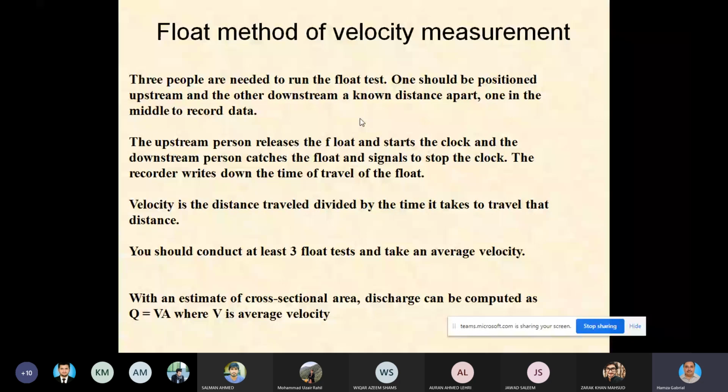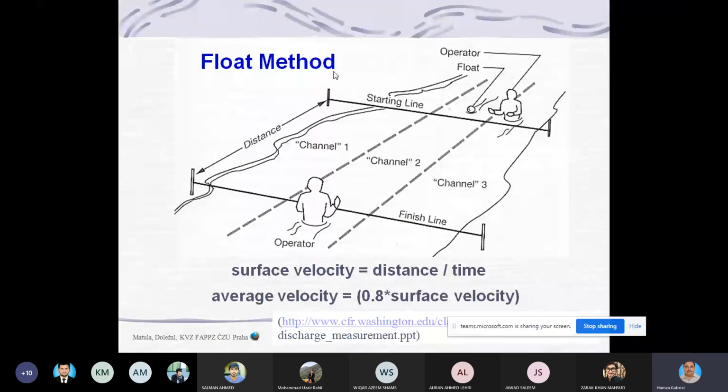Here you see in the figure operator 1 on the upstream side at this starting line, and 1 operator at the downstream side. The distance is known to us, and you divide the channel into 3 strips. In all 3 strips, you carry out this float test and then take the average.